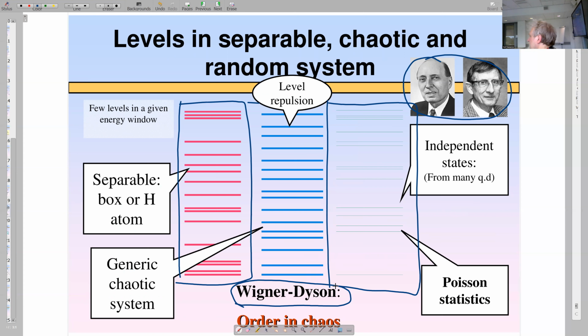Suppose I have different isolated quantum dots and I take all possible levels from there, then I will have a Poissonian distribution of the levels, and in this case there is a chance that two levels come close to each other because they just belong to different dots. This Poisson statistic is in sharp contrast with the Wigner-Dyson distribution.